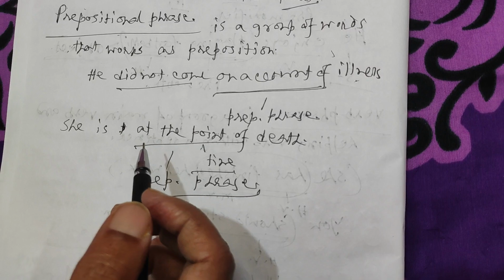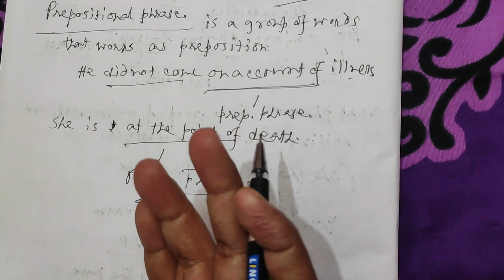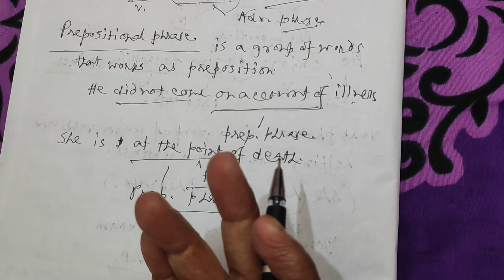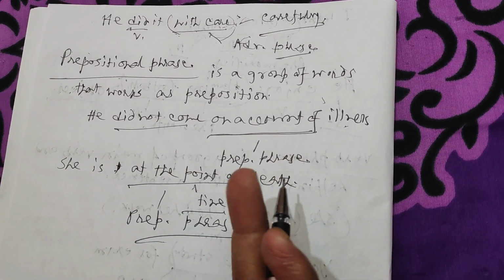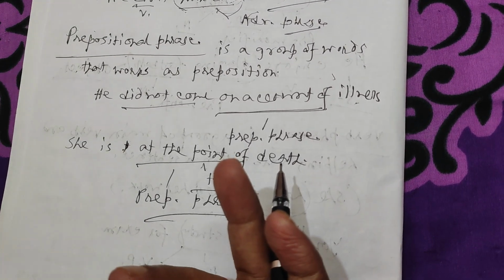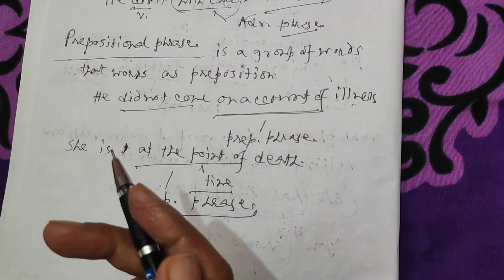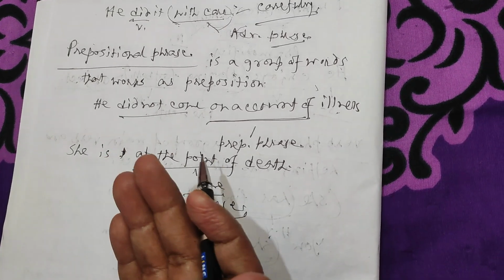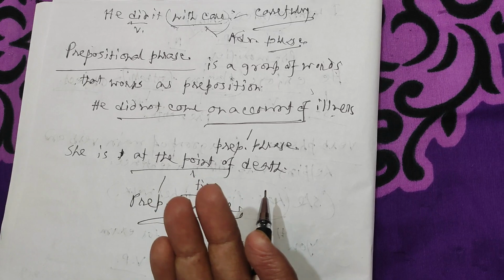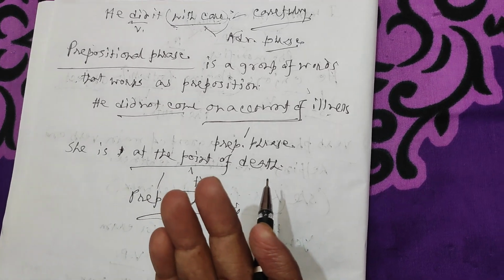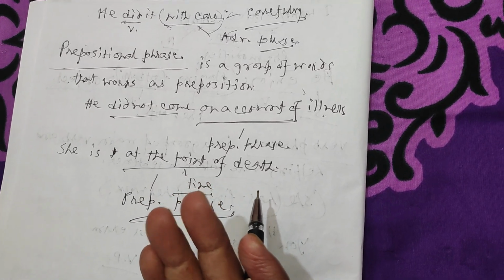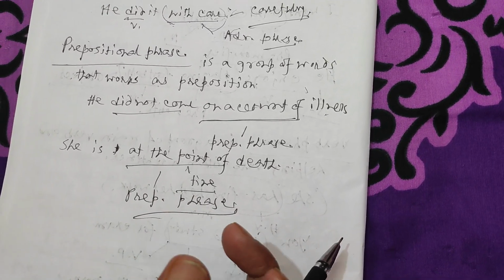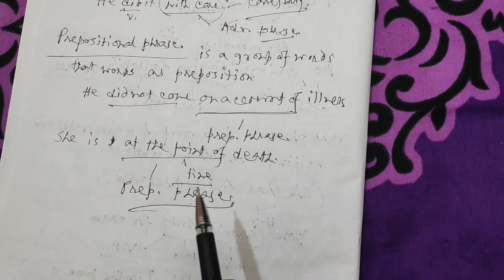A prepositional phrase can be of various types. Various examples can be put here: in lieu of, by dint of, in front of, in exchange of. All these are prepositional phrases working in the role of a preposition. He is at home in English. At home is also a prepositional phrase.